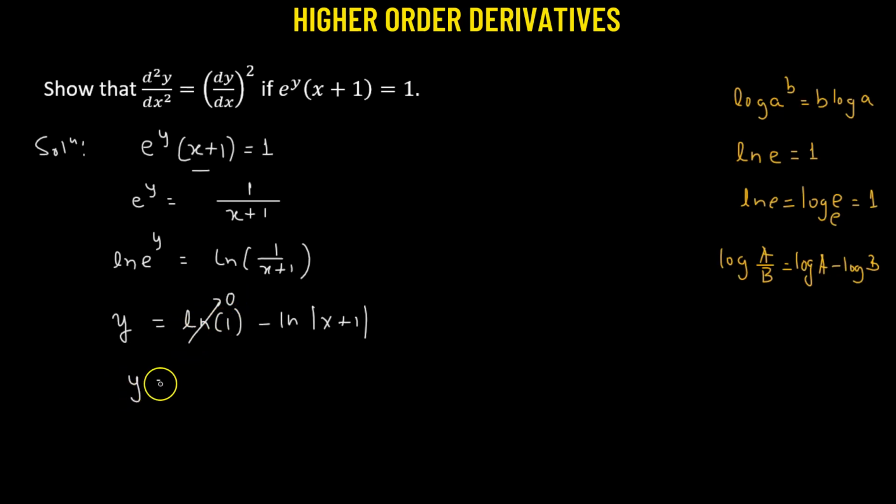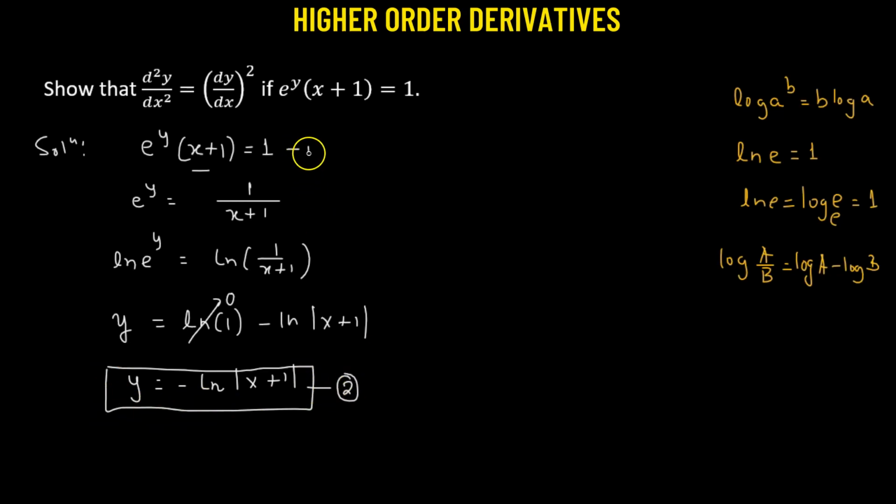So we have y equals negative natural log of (x plus 1). We have simplified this. We started out with e raised to the power of y times (x plus 1) equals 1. Now we have a simplified form in terms of y. Let's call this equation number 2 and let's call the original number 1, although we'll be using 2.